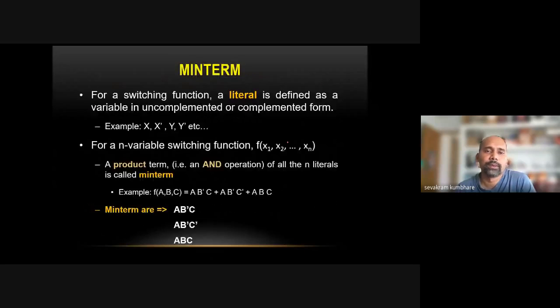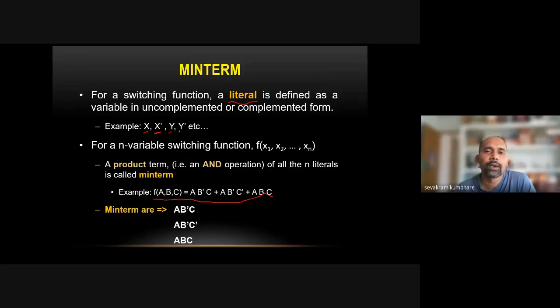So what is minterm? For a switching function, whatever functions we will see, a literal is defined as a variable in uncomplemented or complemented form. For example, x, then x bar. So x is uncomplemented, and x bar is a complemented form.